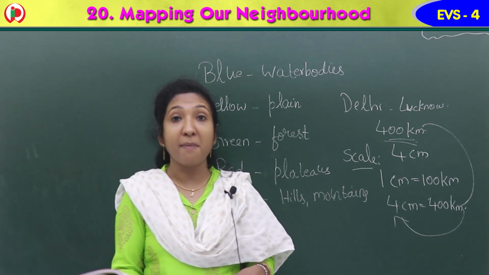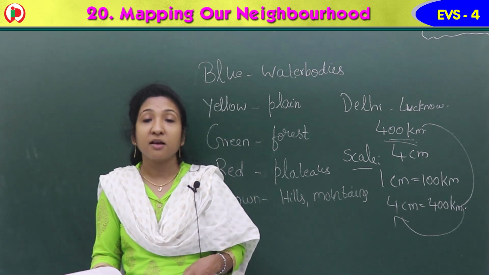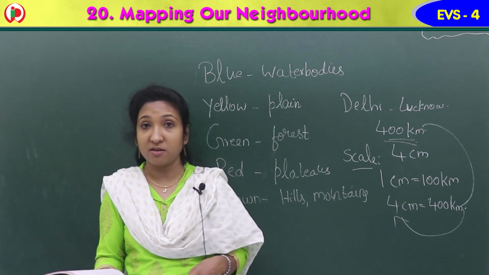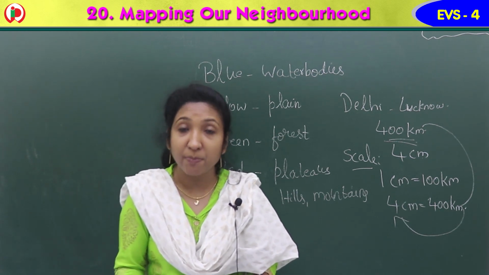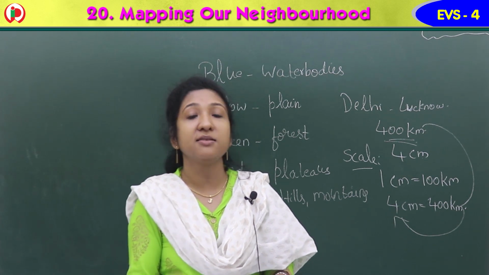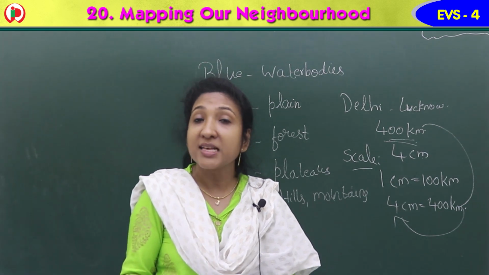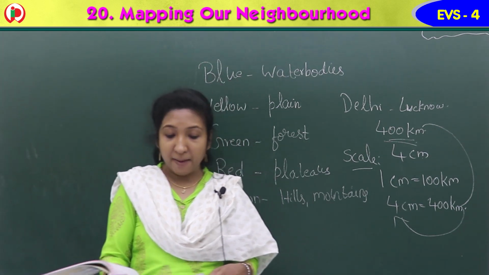Then we learned about map. A map is the exact location of a place. It's a pictorial representation on a flat paper or on a chart with various signs, symbols, colors and also directions. At the same time, we use a scale also on a map.